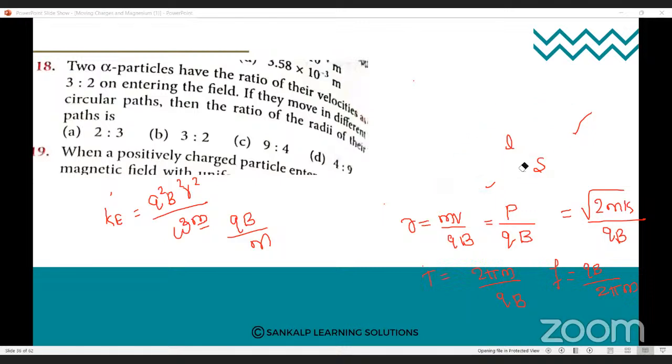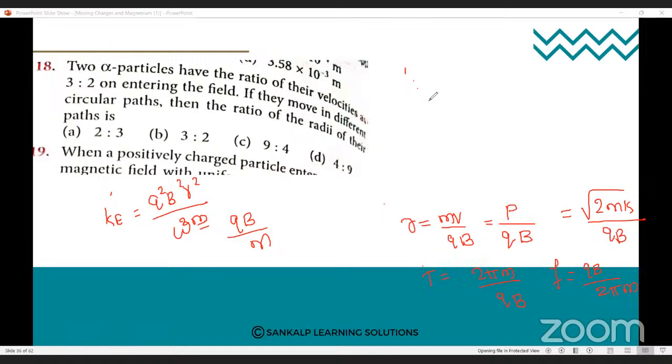So if the charged particle is moving in a helical path, the expression is, yes, take down.